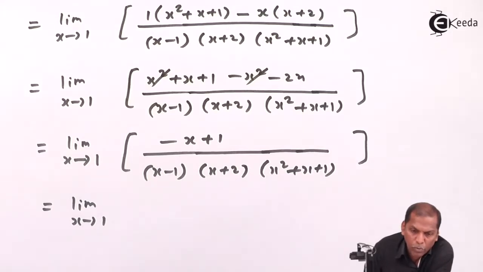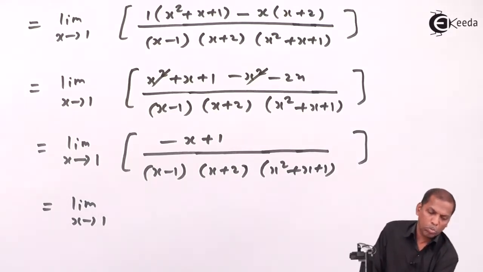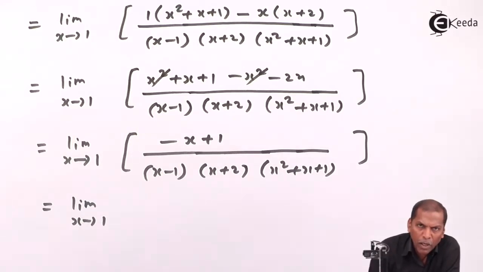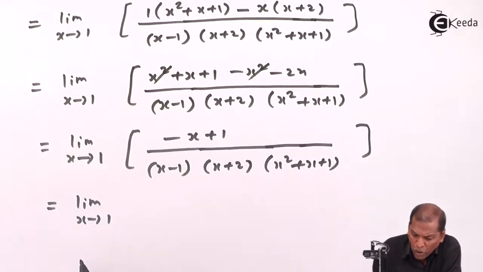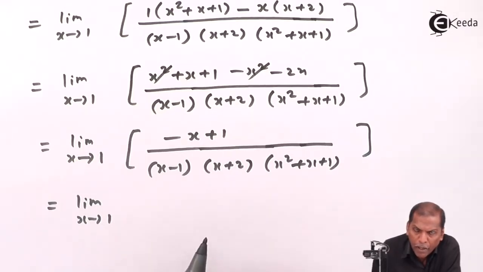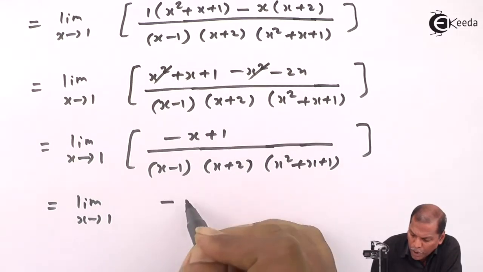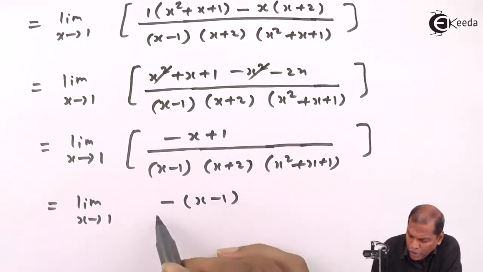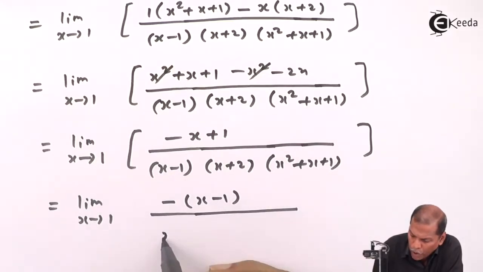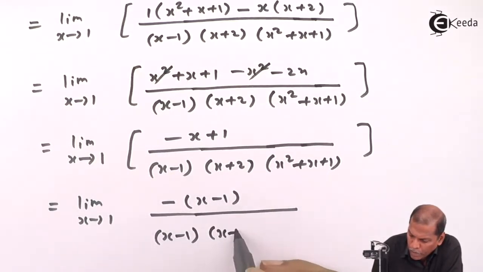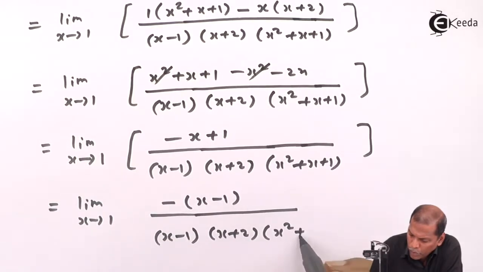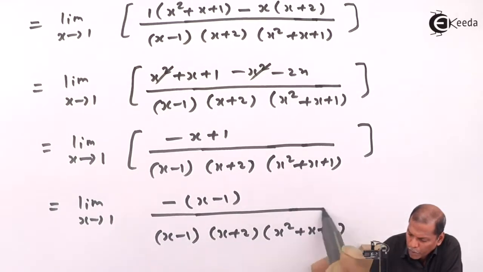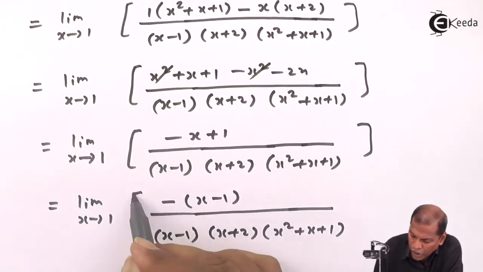Problem number 8 continuation: limit x tends to 1. Now from the numerator we take minus 1 common, so we have minus in bracket x minus 1 upon x minus 1, x plus 2, x square plus x plus 1 as it is in the denominator.